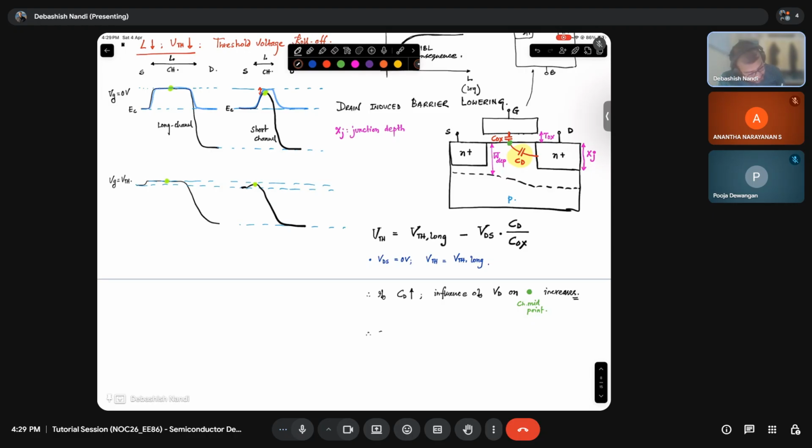Now, if Cox increases, similarly, influence of gate increases. In other words, I can say that influence of VD decreases, right? It is more like a transistor than a resistor. So this equation is in that sense correct.